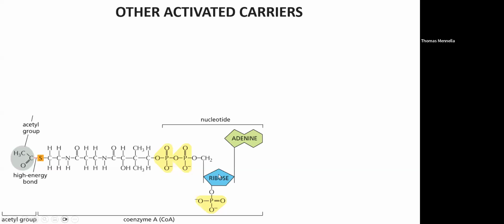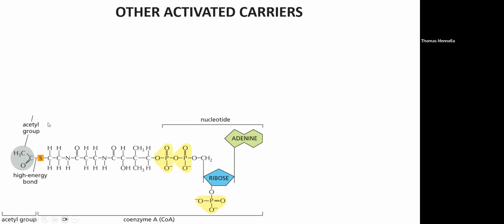We have a ribose sugar. We have a phosphate coming off of that ribose sugar on its 3' carbon. We have an adenosine here, a nitrogenous base, adenine. We've got two phosphates coming off of the 5' carbon, and we got a whole bunch of hydrocarbons, a carboxyl group. We've got even a nitrogen group here, then a sulfur, and then here is the acetyl, the little two carbons, two carbon acetyl.